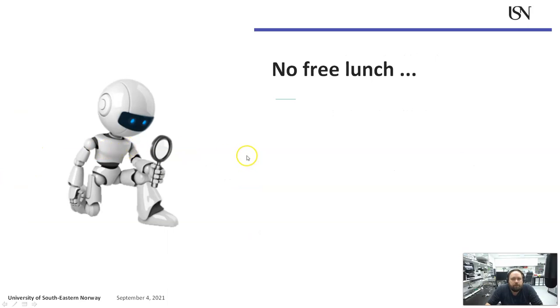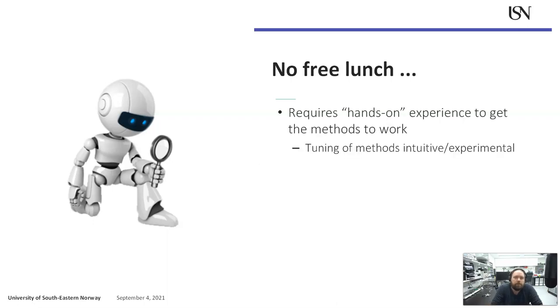Now, of course, this sounds very nice. You can just use complex structures and implementations and programming and then get something magic out of that. But of course, there is never such a thing as a free lunch.